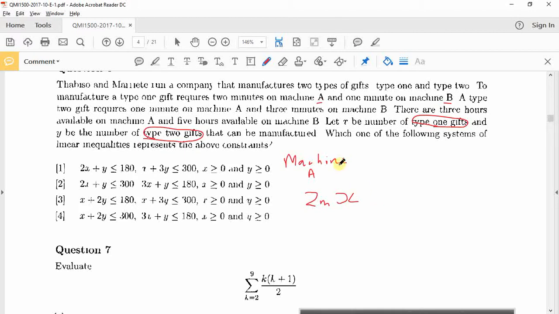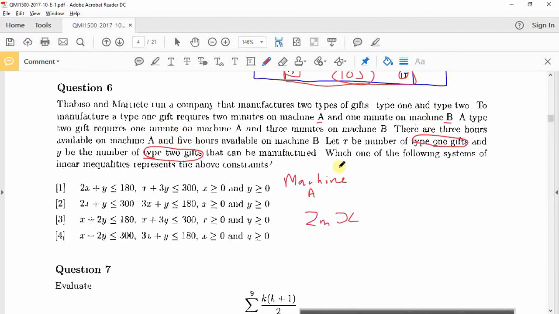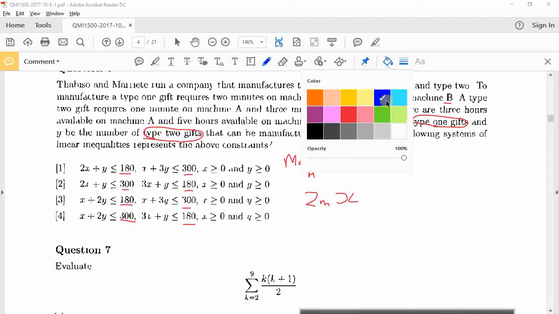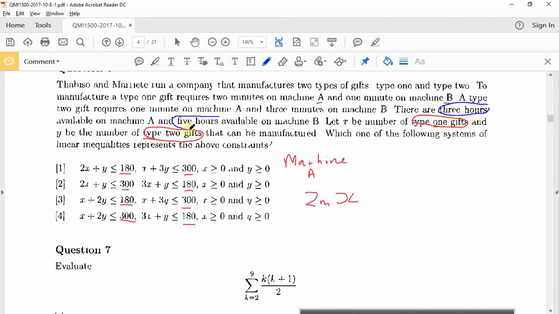They don't even give you the maximums. There's a problem with this question. Where are they getting that from? There's no maximums. The question doesn't say how many machine hours you've got. It does. Where? I see it now, 3 hours for machine A. Fine, so this question is okay. So yeah, 3 hours available for A.